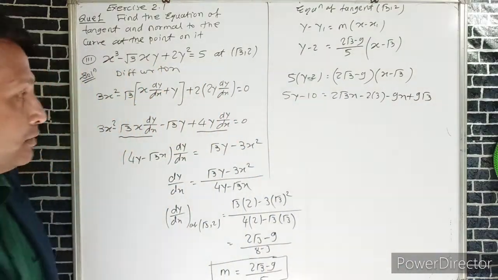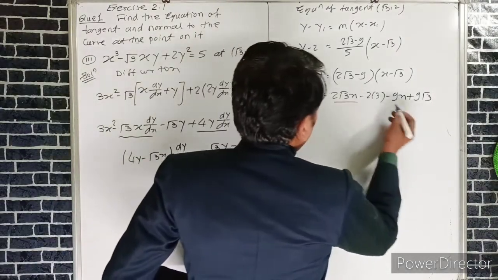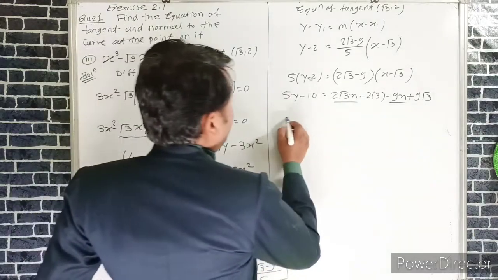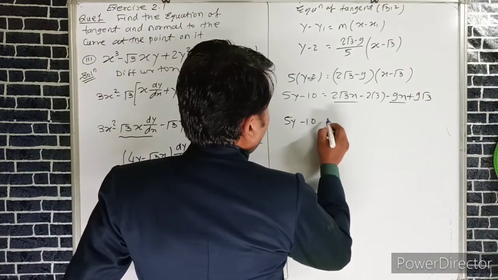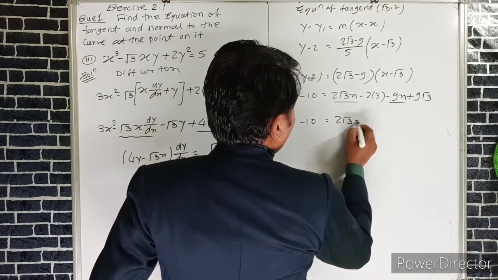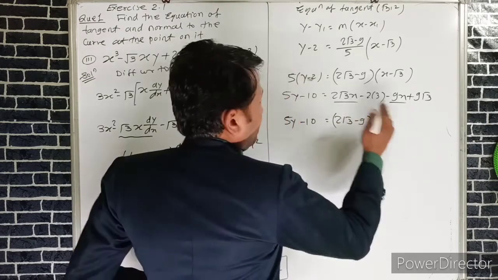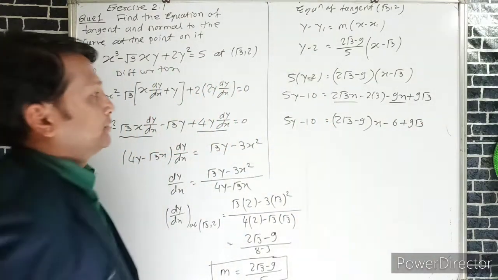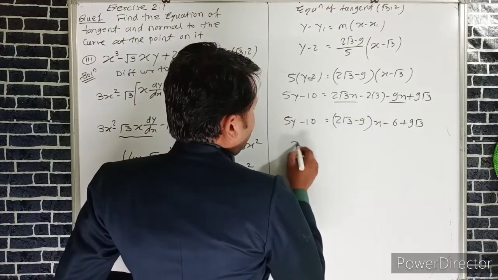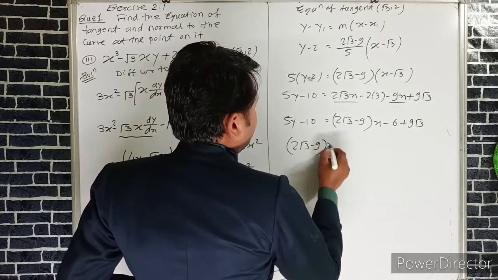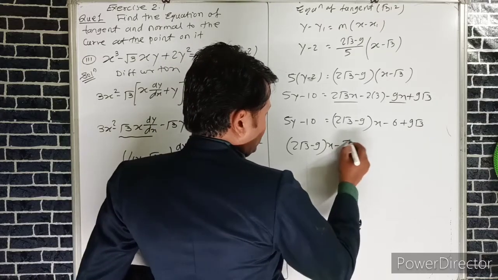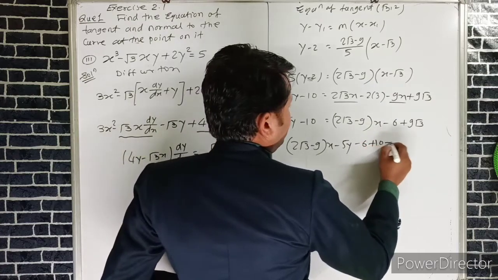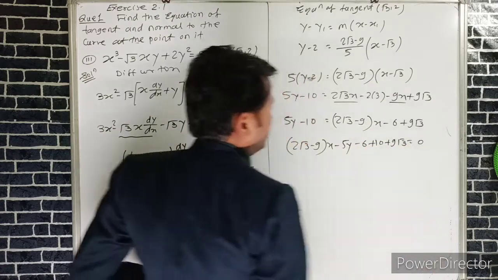So here, 2 root 3x minus 9x, if we take x common from both terms, we can write 5y minus 10 equals (2 root 3 minus 9) into x minus 2 into 3, which is 6, plus 9 under root 3. If we take this 5y minus 10 to the right side, we can write (2 root 3 minus 9) into x minus 5y minus 6, and minus 10 becomes plus 10, plus 9 root 3 equals 0.